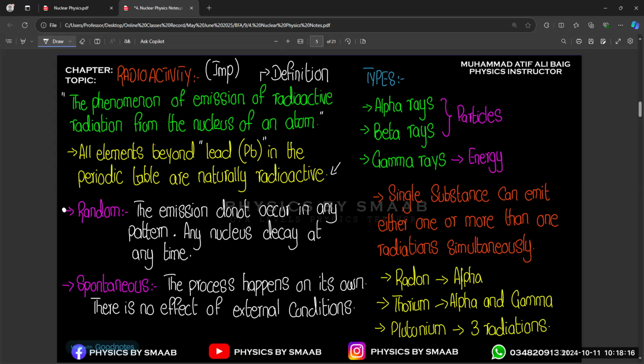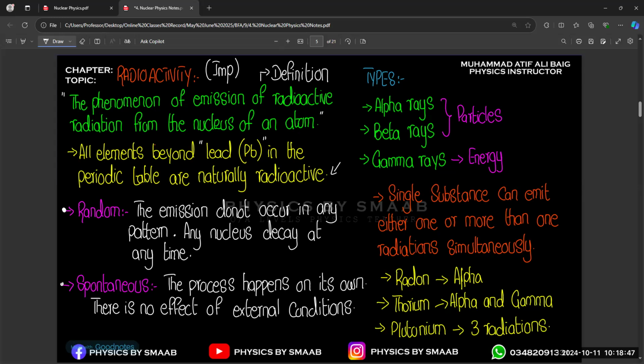Since there is no pattern, you don't need to learn anything. We don't know the pattern of any radioactive element, so it happens on its own, according to its own time interval. So this is a completely random process.